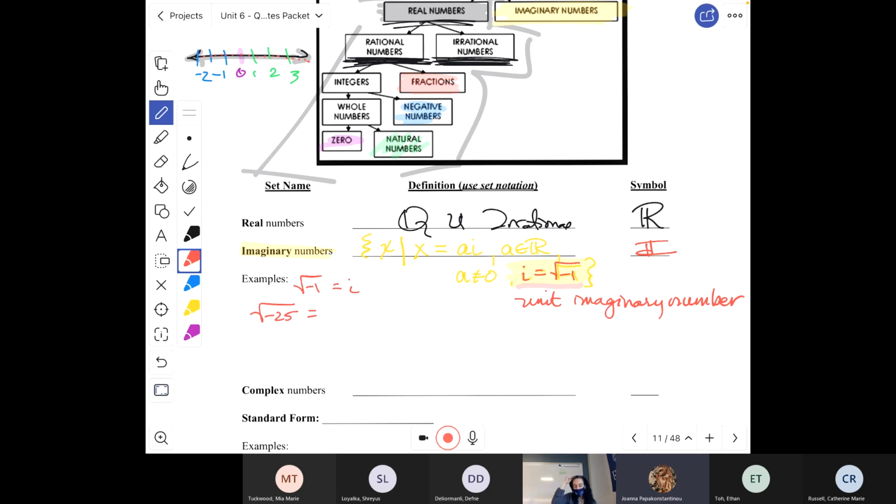So the square root of -25, well, I can look at it as 25 times -1. Square root of 25 times the square root of -1, 5i. So we don't leave negatives in the radical, just like we don't leave radical expressions in the denominator, or negative exponents. We don't leave negatives in the radical. We introduce i.